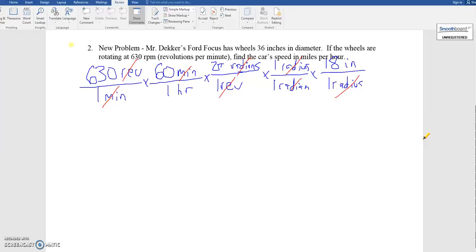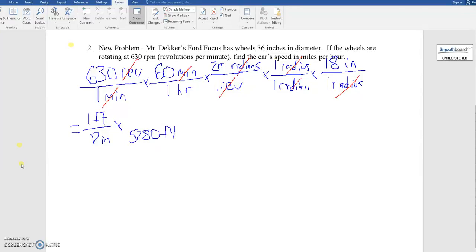I'm going to create a new line here. Okay. So there are 12 inches in 1 foot. And there are 5,280 feet in 1 mile.